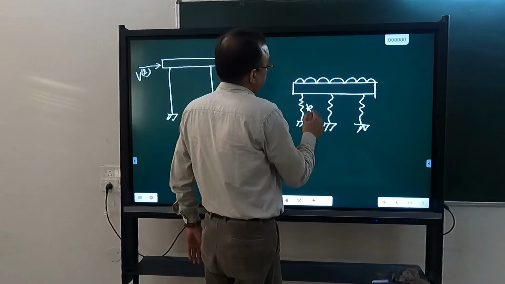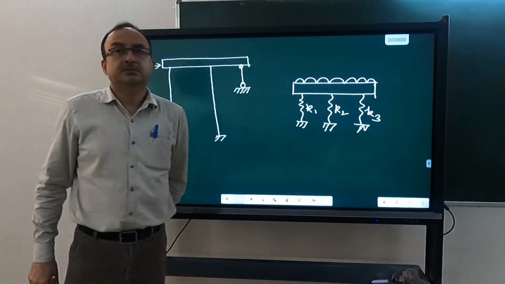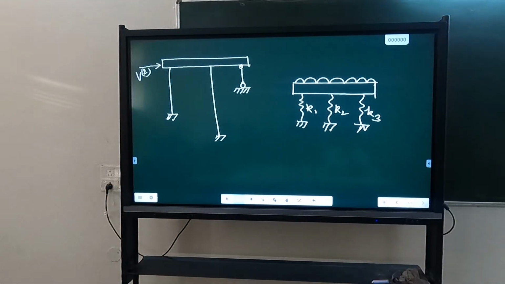Suppose these are K1, K2, K3. Will the force be distributed uniformly in these 3 springs? How much will be the force acting in each spring? Proportional to stiffness. Proportional to stiffness? Yes.